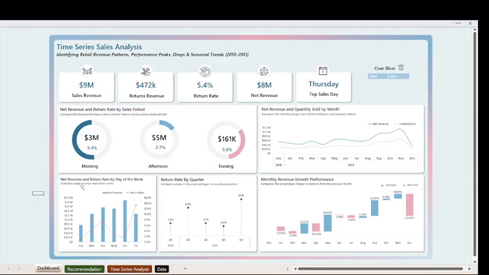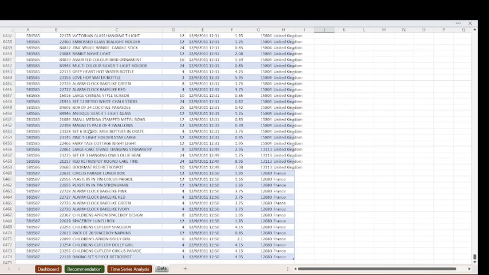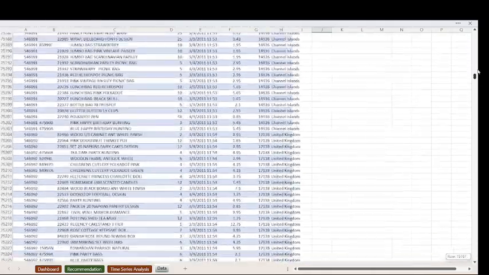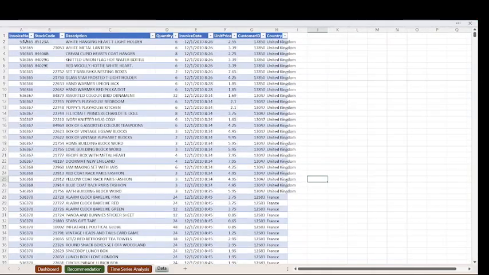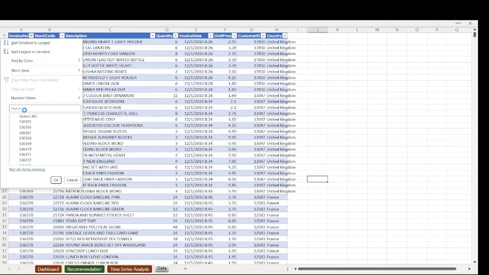After analyzing and cleaning my data, I was able to come up with these insights. These are the sales revenue, return rate, net revenue, and top sales day for the KPI cards. Looking at the data set, I noticed that there are invoice numbers that have the letter C in front of them, so I filtered that out to get the returns.